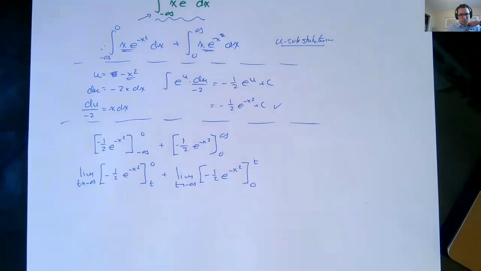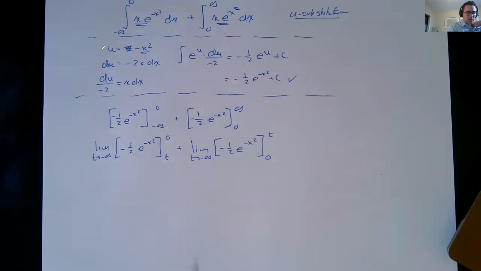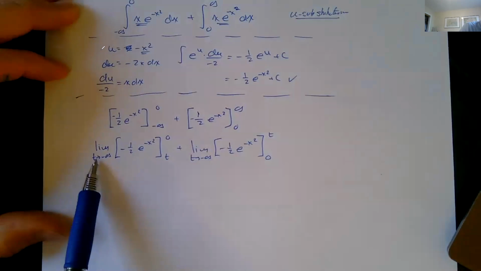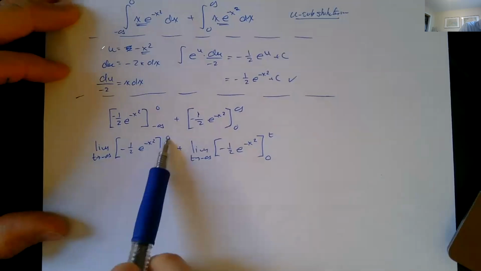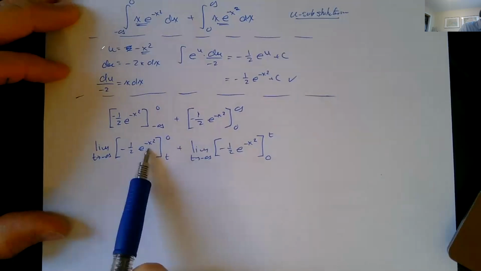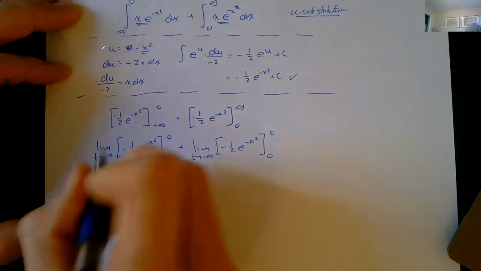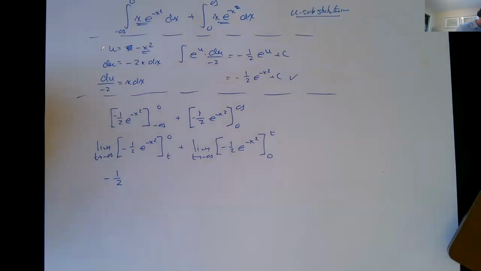I'm just going to apply that same thinking from before. If t approaches negative infinity, first we'll look at this upper limit. When I plug in 0 here, I would get e to the 0, which is 1, times negative 1/2. So I'm going to put negative 1/2 in front like this.